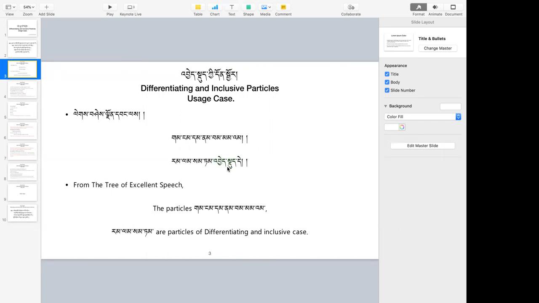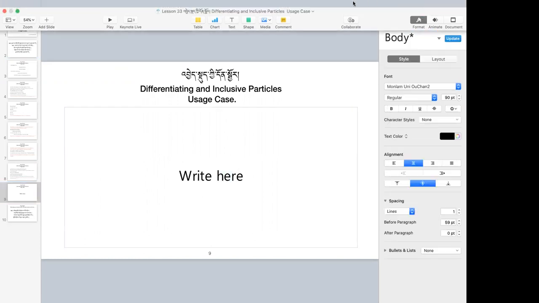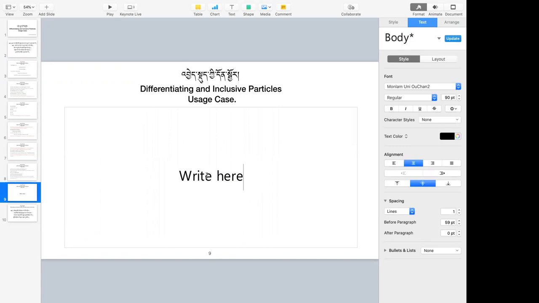These two are the direct usage cases that we're going to discuss today, cheba and duba. Chedu is an abbreviation of the words chebatang duba. So this particular word, as we see.